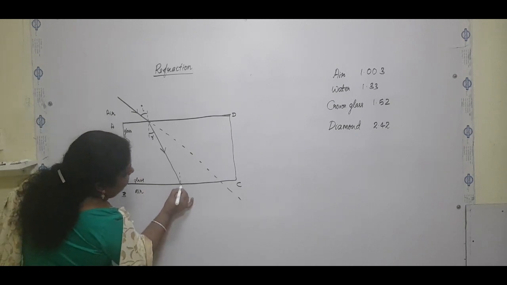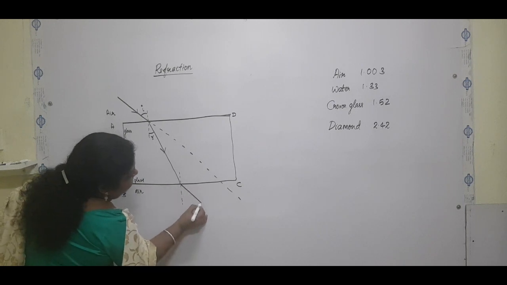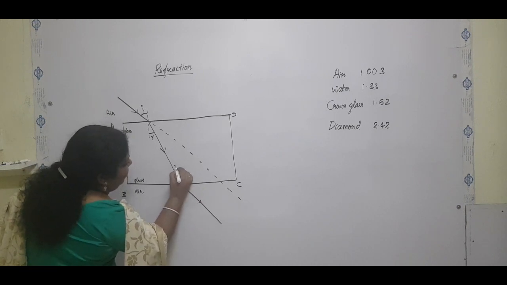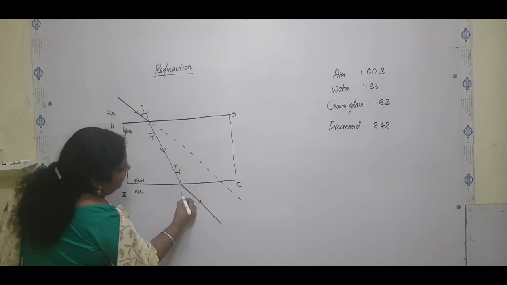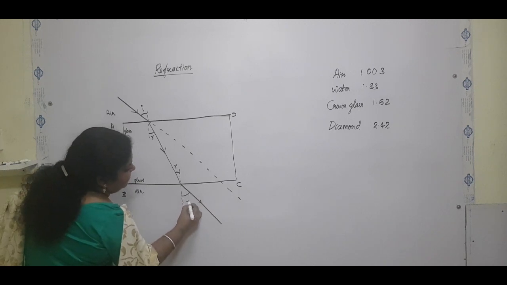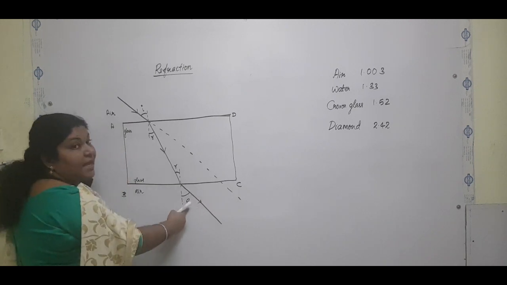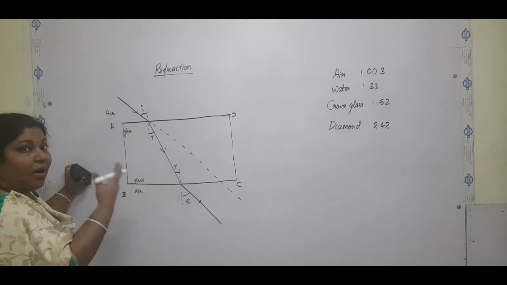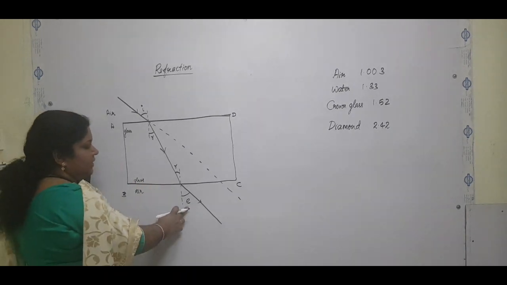So, the ray will go like this. And this angle we mark as R itself, and this angle we mark as E. This is known as angle of emergence. The angle with which the ray comes out of the glass slab is known as angle of emergence.